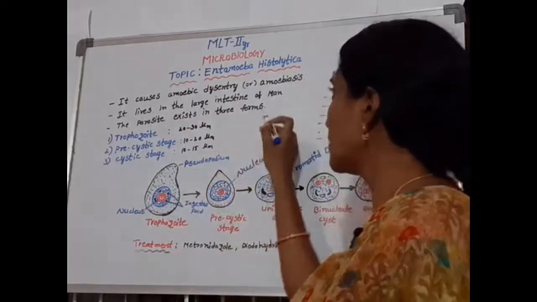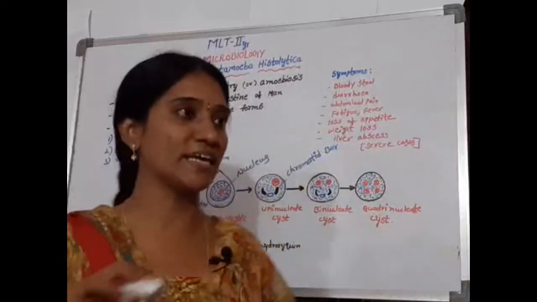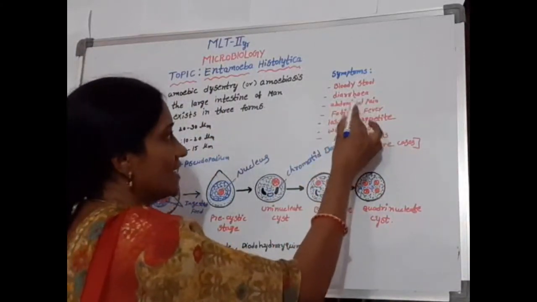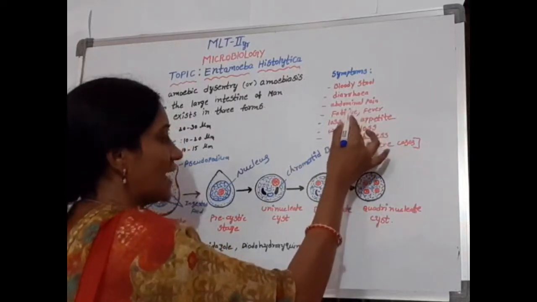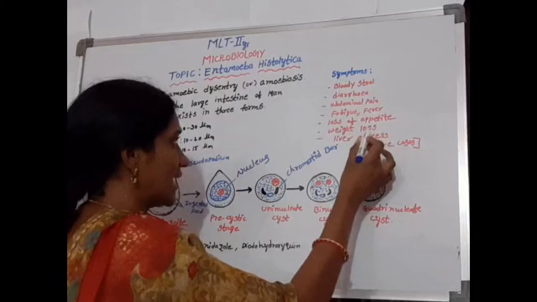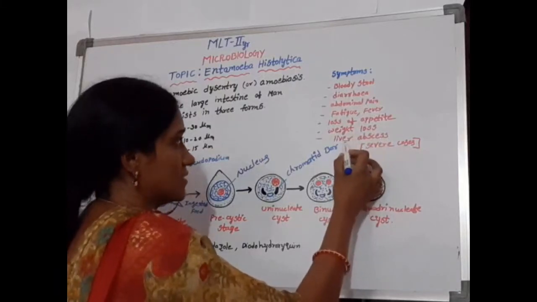The symptoms of Entamoeba histolytica are bloody stool and diarrhea, abdominal pain, fatigue, fever, loss of appetite and weight loss. Fatigue means loss of energy and weakness.